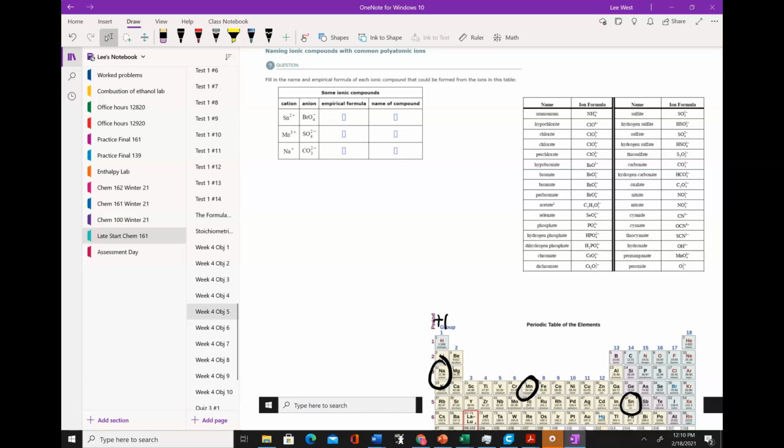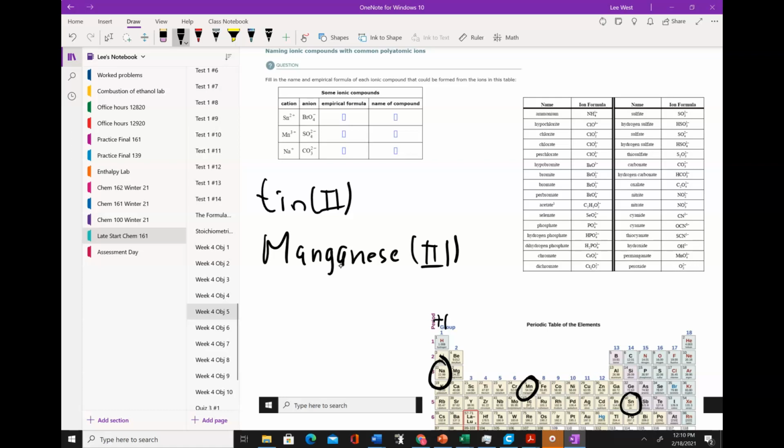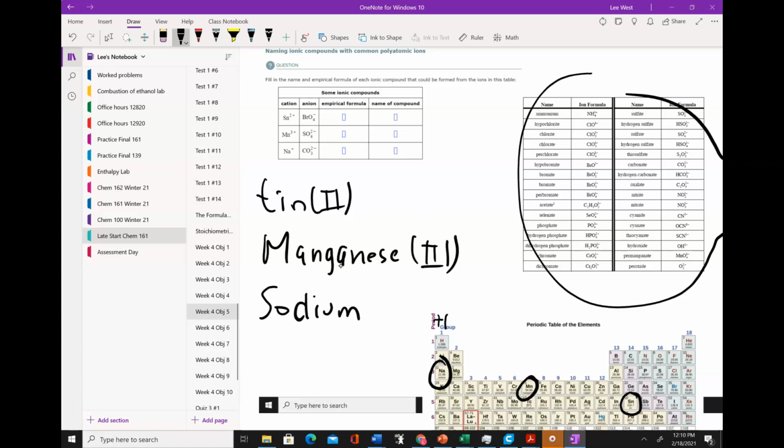Sodium is good though. So my name of my cations is going to be like this: tin(II), manganese(III), and then it's just going to be sodium. Now, when I look at my anions, they're all polyatomics, right? So I'm going to have to go over to a table of polyatomics and look up their names.